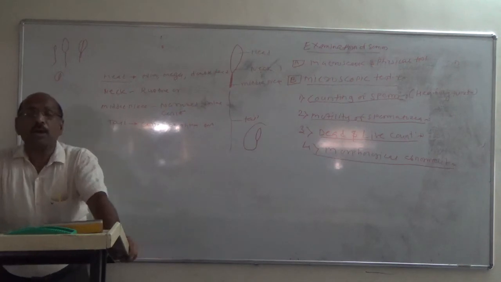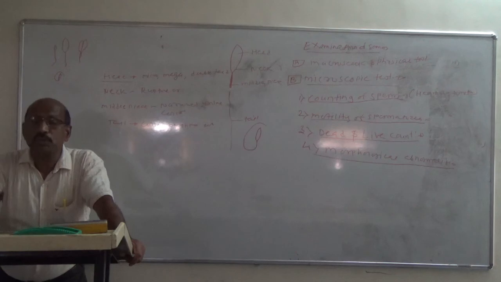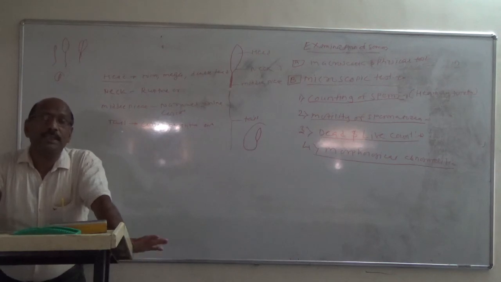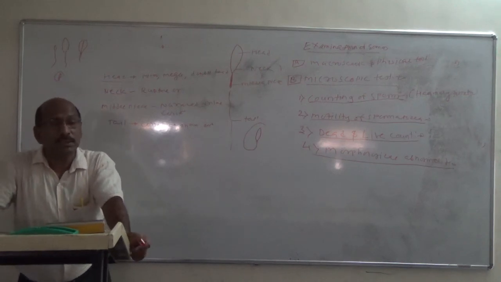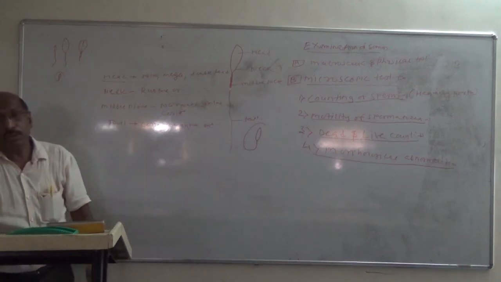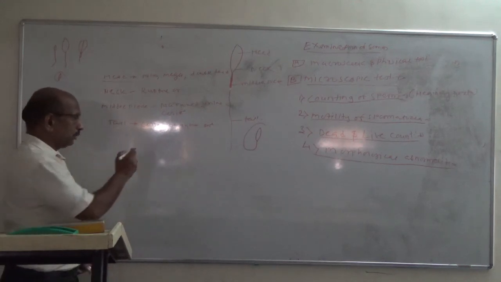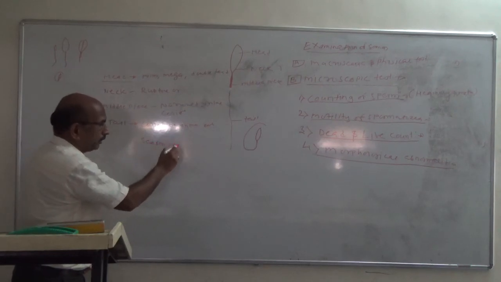The number of abnormal sperms is influenced by a variety of reasons. The first is the season of the year.